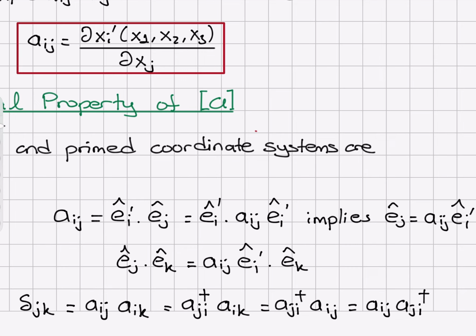So what does this tell us? This tells us that if I take the A matrix and multiply it with its transpose, I'm getting Kronecker delta Ji. So that means this is because K has been replaced with J here. This is going to give me Kronecker delta Ji. All right.